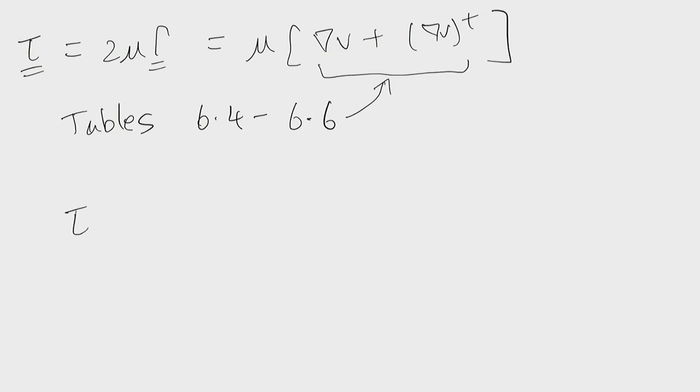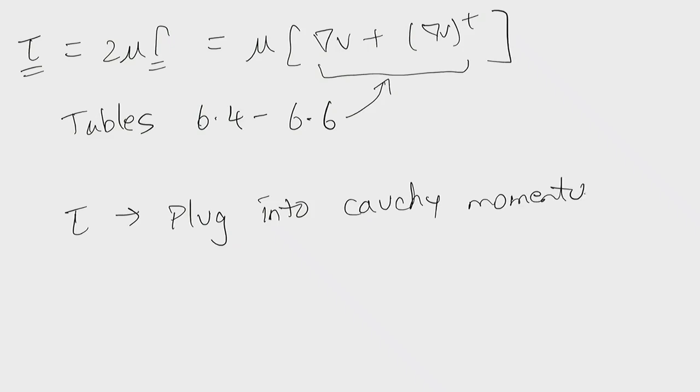And once you have that, what you can do is to plug it into the Cauchy momentum equation, so that you have an expression for tau. And then you're able to solve various types of problems.